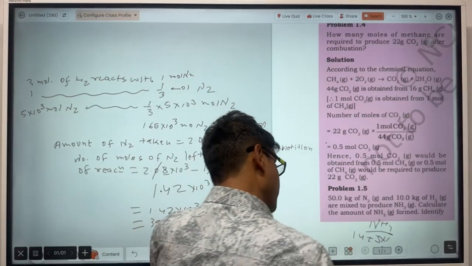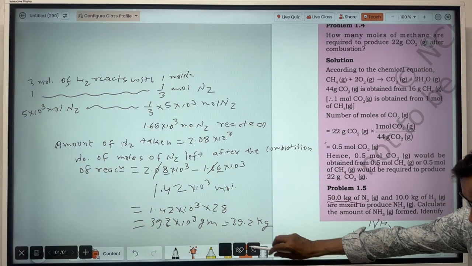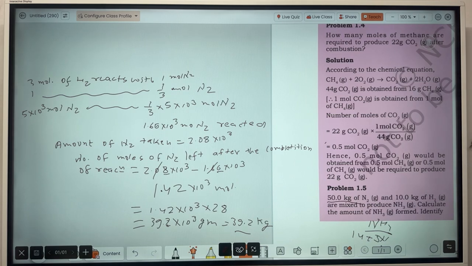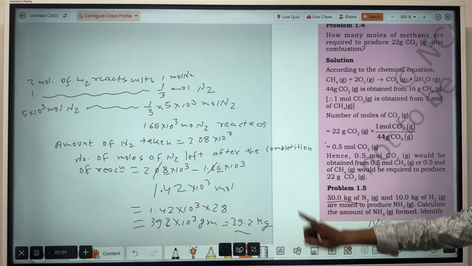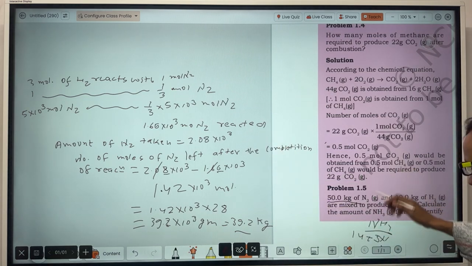So that means 50 kg nitrogen has been taken, out of which 39.2 kg nitrogen will not react. How much reacts is that much into 28.